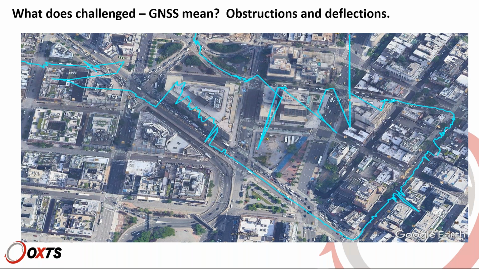Could be metal or glass or anything that basically prevents you from getting a clean signal from the satellite, which obviously gets in the way of having an accurate position. As you can see here, the trace is bouncing all over the place, and definitely it's not something that can be usable.